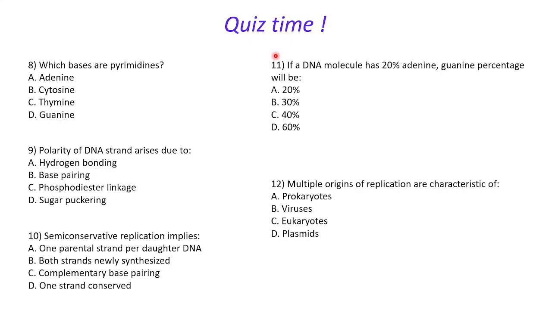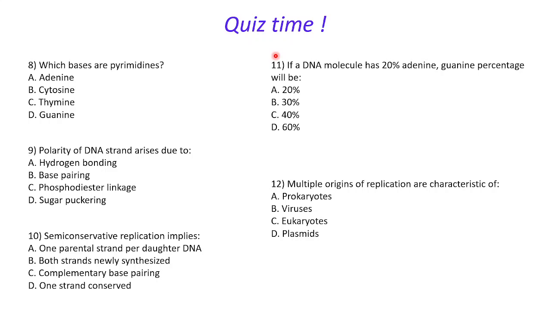Because adenine percentage is 20%. That means thymine will also be 20% because adenine percentage equals thymine percentage, Chargaff's rule, and guanine and cytosine are the same. So 30-30 each and 20-20 for adenine and thymine. So 30% of guanine will be there.